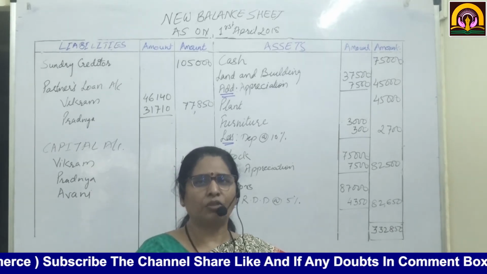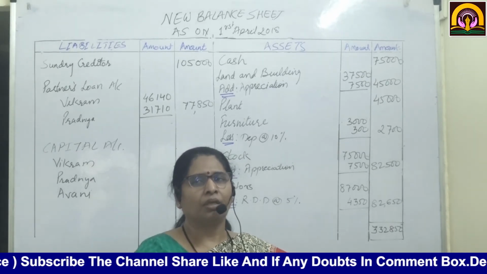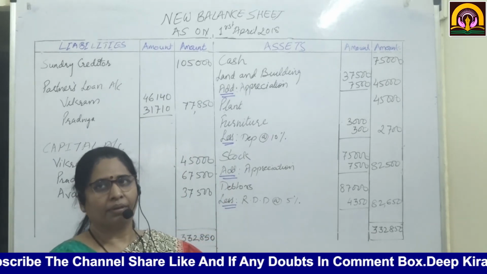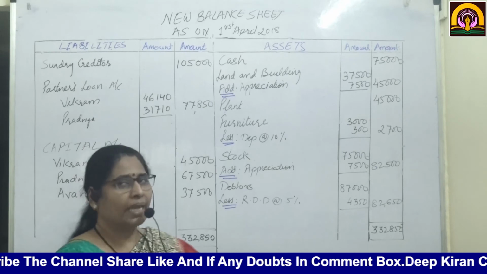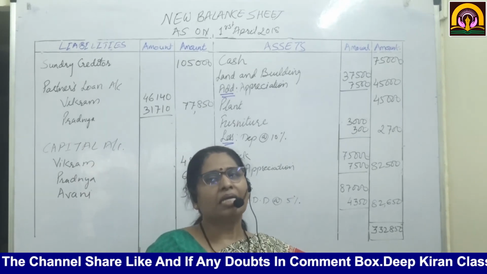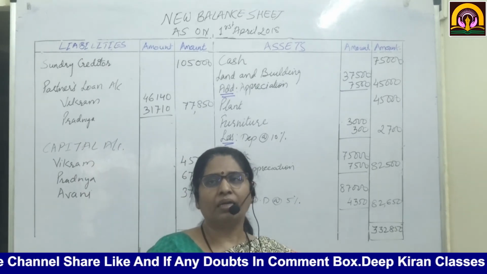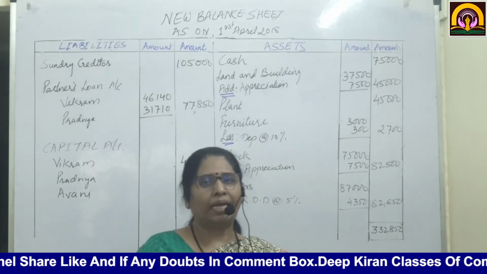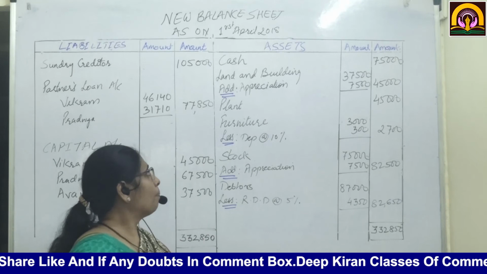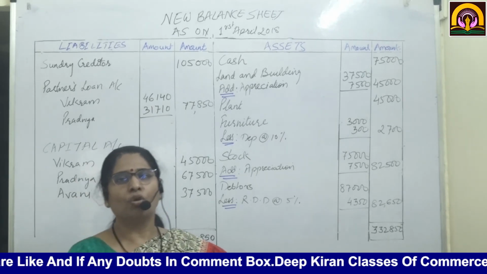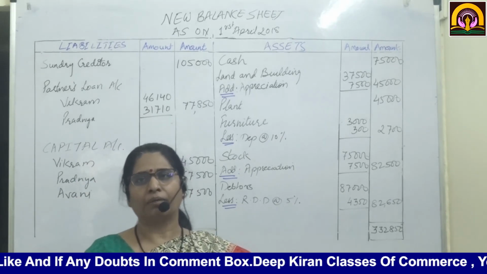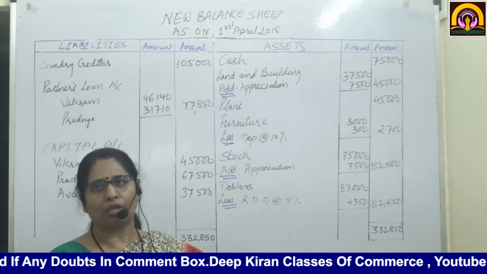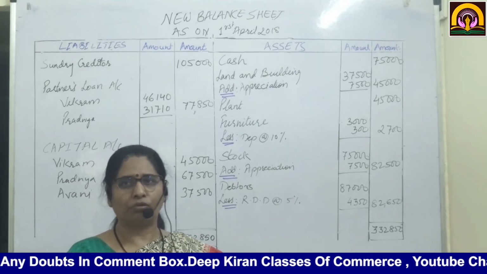The value as per the old balance sheet above was 37,500. Okay, and there is appreciation by 7,500. That total comes to 45,000. Then comes plant. There is no revaluation on plant. Plant is as it is. We will write the amount in the outer column, 45,000.